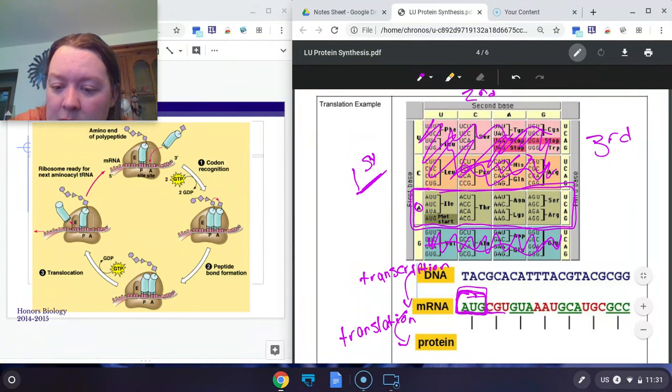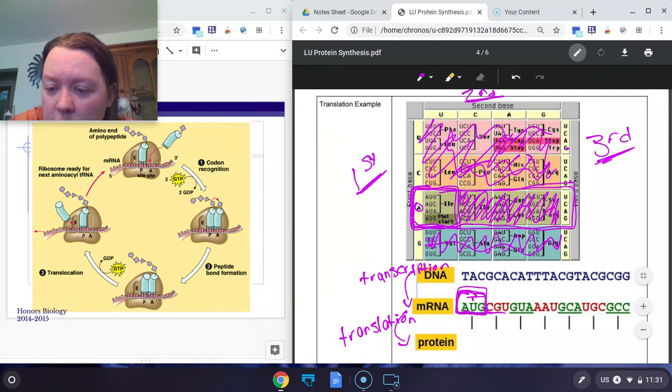My second base is U. So up here where I wrote second, I find U, and I follow my U down into this box here. That means I can ignore all of this. My third letter is G. So I find the G on the third column side. There's many G's here, here, here, and here.